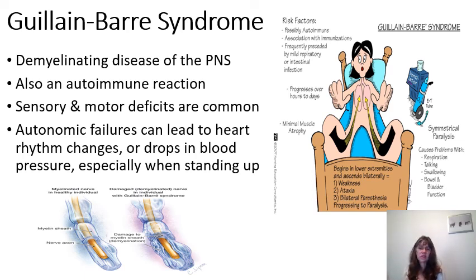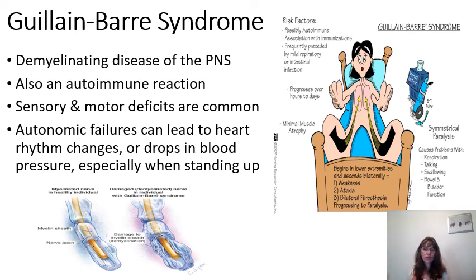It can lead to symmetrical paralysis, usually begins in the lower extremities and goes up the body bilaterally, where people notice weakness. Ataxia is the inability to walk. Bilateral paresthesia, so they're feeling both sides with numbness, tingling, progressing to that paralytic state.